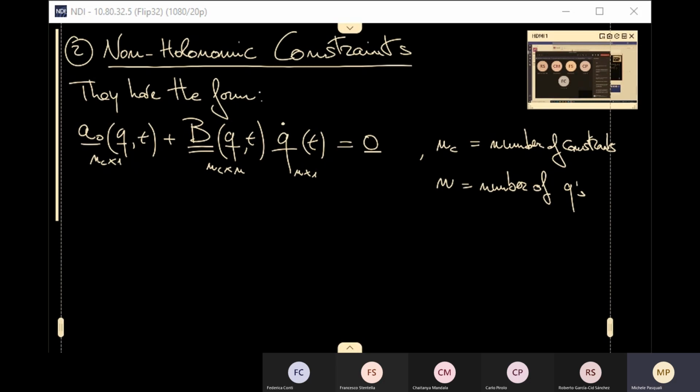Why is that? Well, one could say the following. We can write C, which is the vector of constraint, like this. And this is the holonomic case.